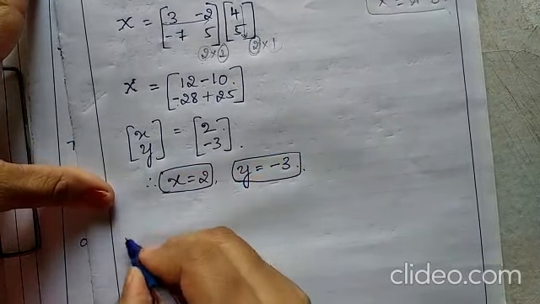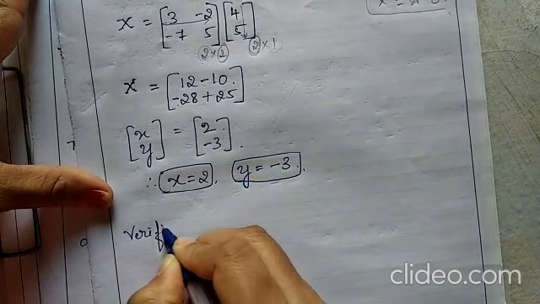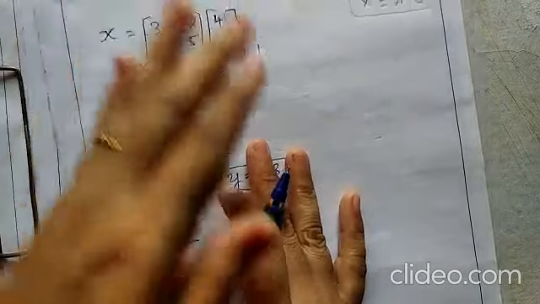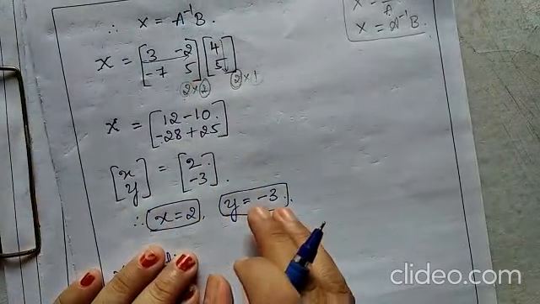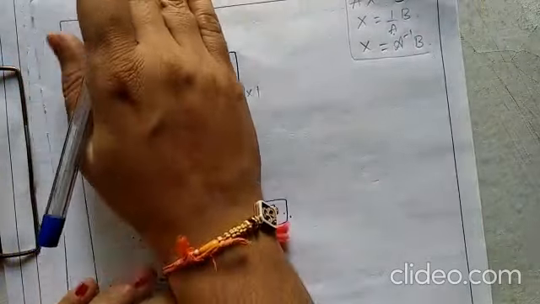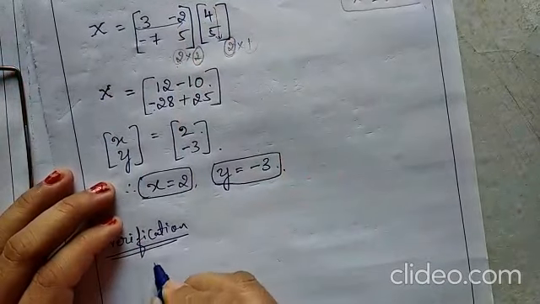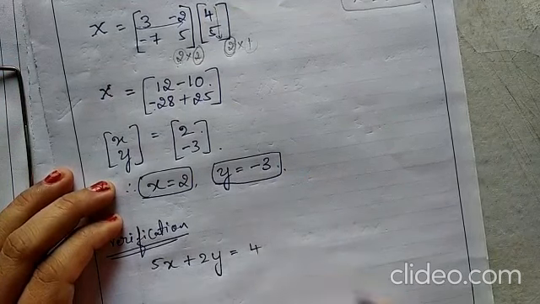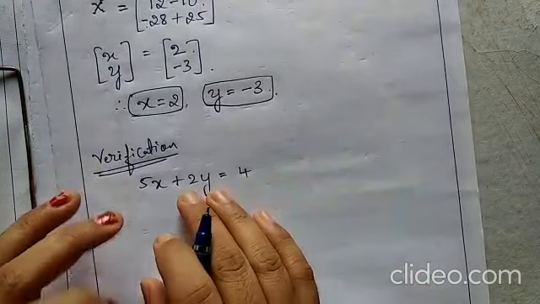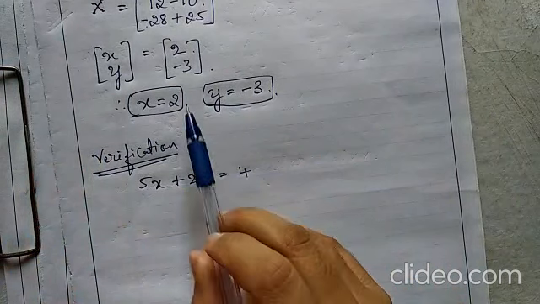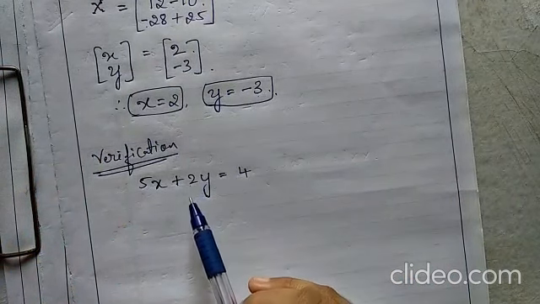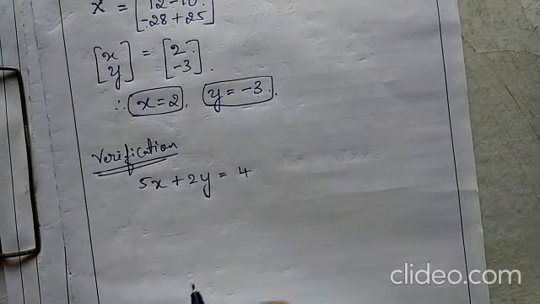For verification, you just need to substitute the values of x and y in the given equation. What is the equation? 5x plus 2y is equal to 4. Here, you need to substitute the values of x and y, and prove that LHS is equal to RHS.